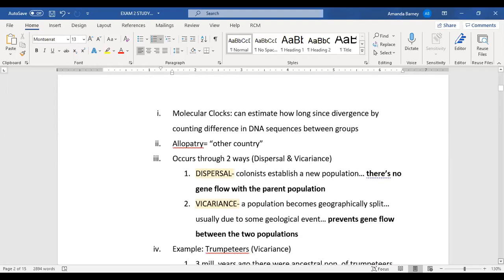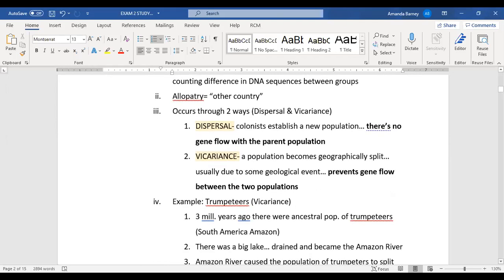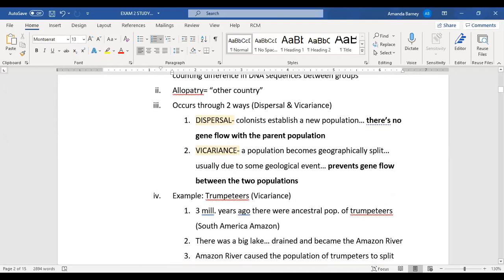Allopatry, of course, is other country. So this occurs when species diverge from each other because they have experienced either dispersal or vicariance. Dispersal is when you have a small portion of the species, almost like the founder effect. They go to a new island or a new area.